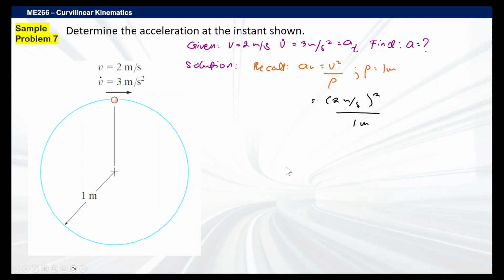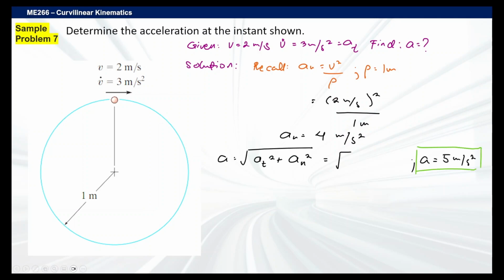So that's 1 meter, and that's going to be 4 meters per second squared, and then you will get 5 meters per second squared. Let's just double check that, which is 3 squared plus 4 squared. Yeah, 5 meters per second. So this is the most straightforward solution.